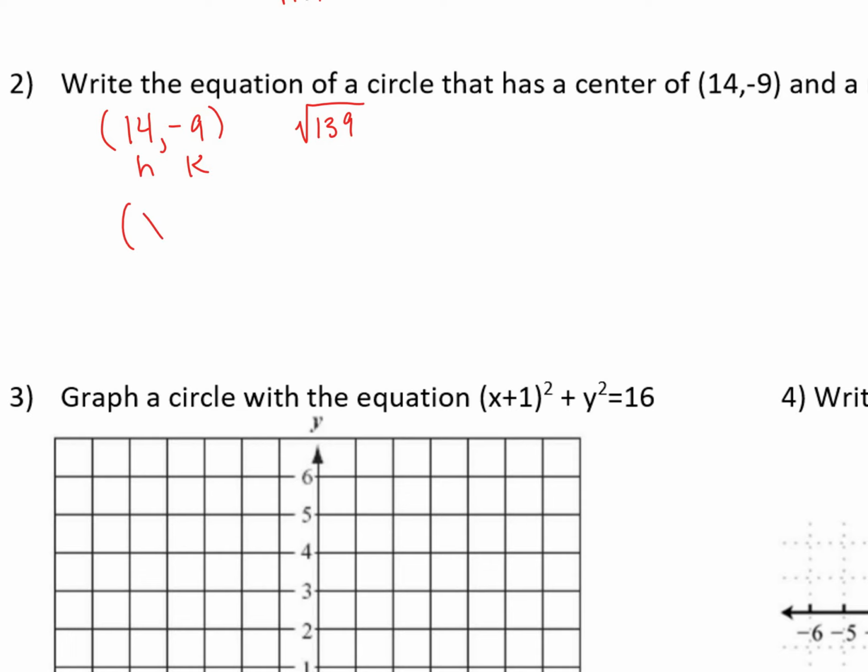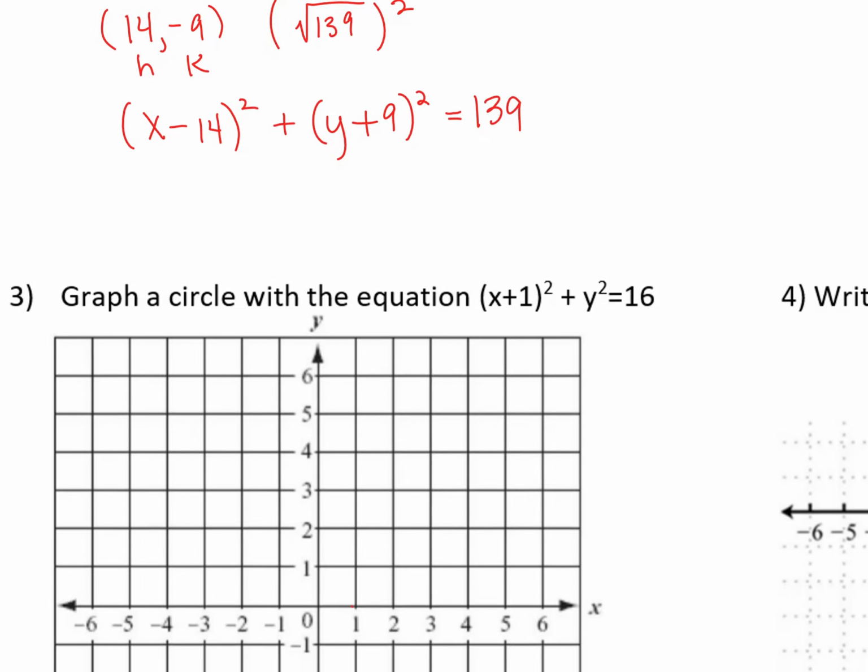We have x minus h, which is a positive 14, squared, plus y minus, it's a minus, so minus a minus is positive, squared equals the square root of something squared, which is just going to be 139. If you take a square root of something and then square it, you're back to the answer you started with. So that would be the equation that matches that.